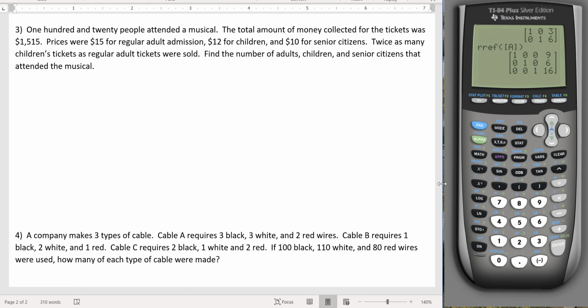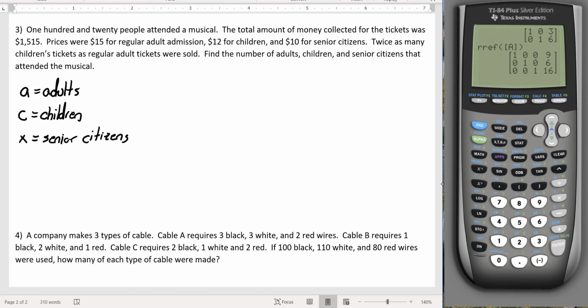All right, so let's do A for adults, C for children, and X for senior citizens. Now you of course could use S. I don't like to use S simply because sometimes I get it confused for 5 and it messes me up a bit.